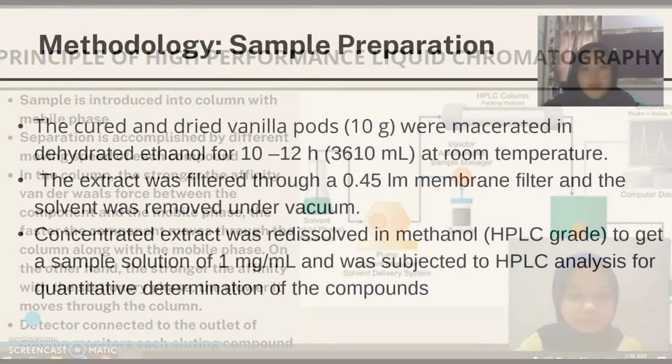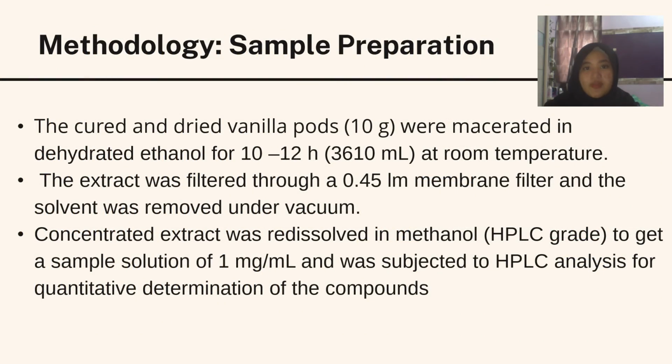For this part, I'm going to talk about methodology: sample preparation for high-performance liquid chromatography. For the first step, the crude and ripe vanilla pods were macerated in dehydrated ethanol for 10 to 12 hours at room temperature. The extract was filtered through a 0.45 micrometer membrane filter and the solvent was removed under vacuum.